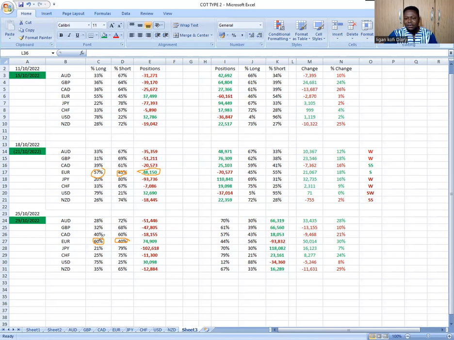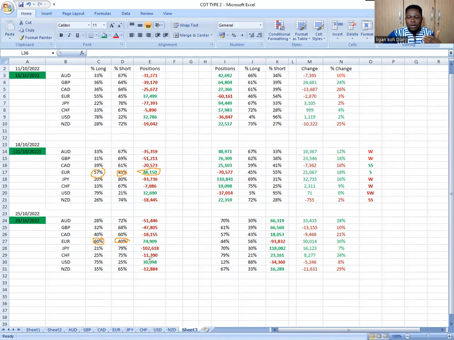But since we are trading pairs, what pairs would be good to trade in case we are looking for Euro as a bullish currency because of the COT report? And then another bullish currency we know is USD, but USD is reducing its bullishness. And I told you that if a currency is bullish, we are looking for more bullish.